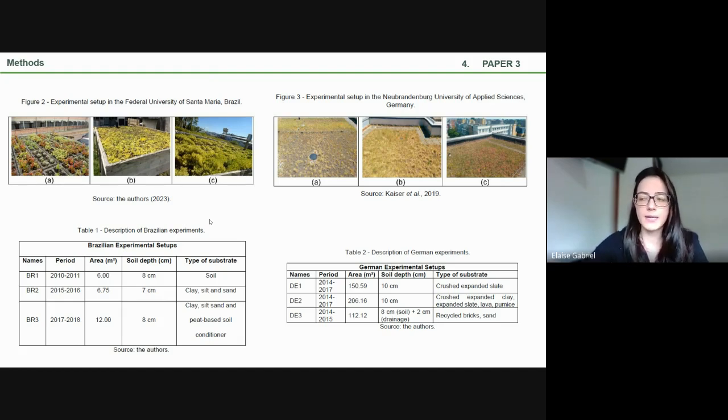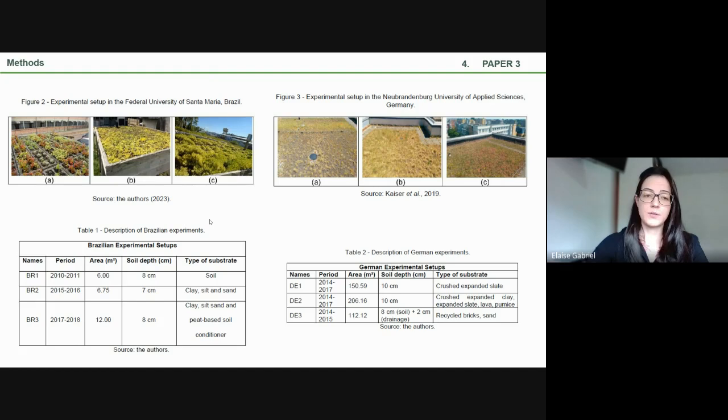This bucket had a volume of 1 liter, and when the bucket was full, it tilted and triggered a sensor that counted upwards. They also had a manual ombrometer rain gauge with 0.1 millimeter accuracy, positioned in each green roof to monitor the precipitation at the same time step as the tipping buckets.